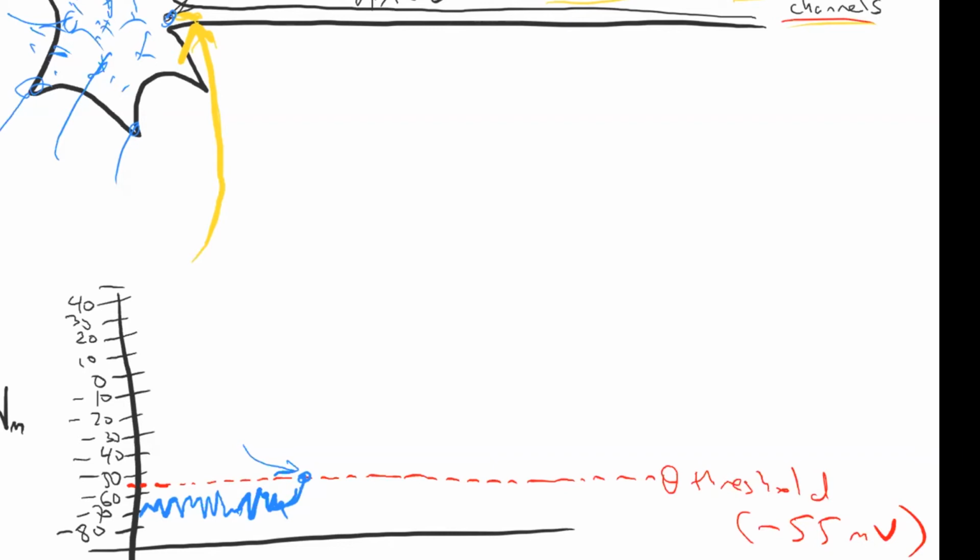The Na channel. Exactly. Remember, the sodium channels are the fast ones. As soon as this happens, the potassium channels are like, oh, look, something's happened, we should start opening. But the sodium channels instantly snap open.